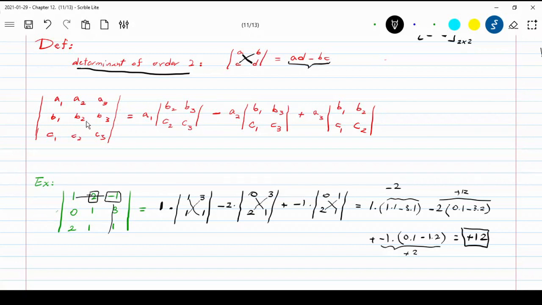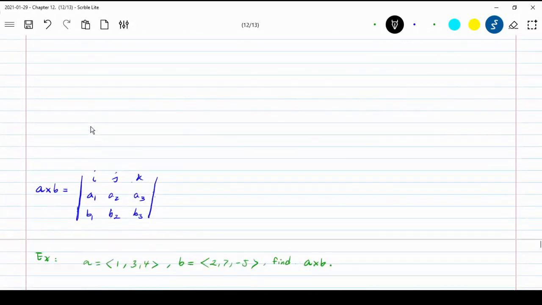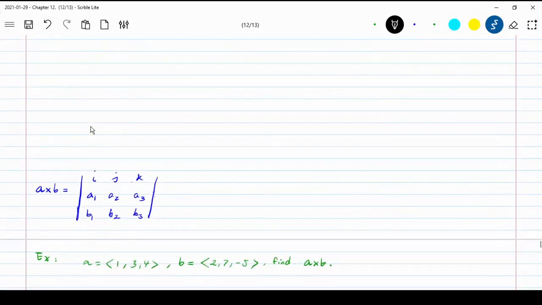Okay, but the use of this determinant to find the orthogonal vector C is quite nice. So here, let me shift this up maybe a bit.